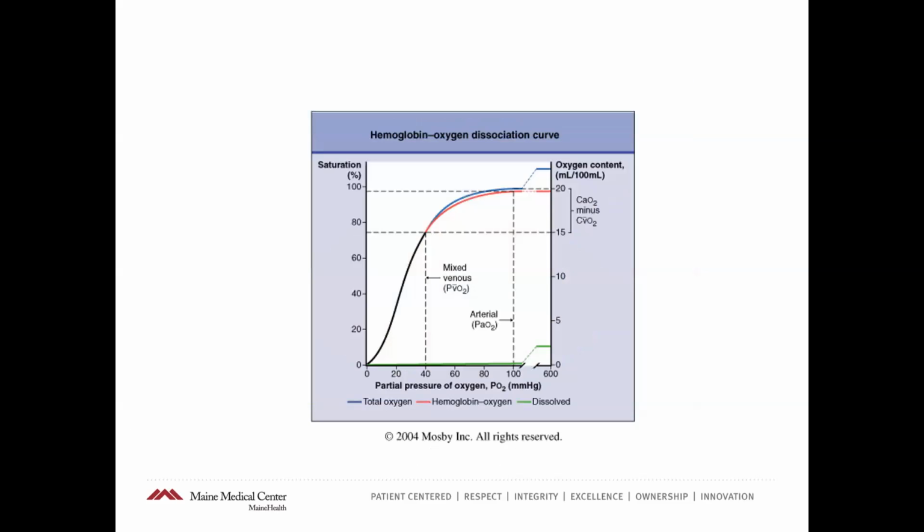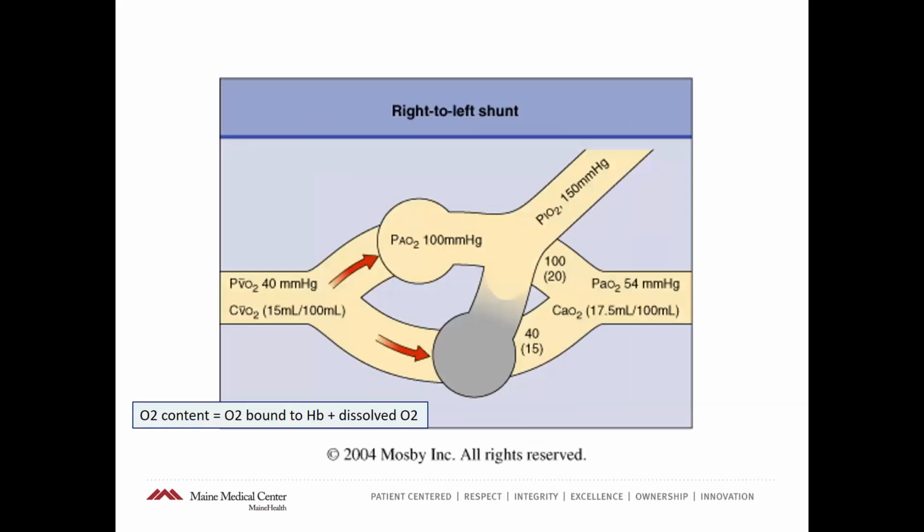So remember the oxyhemoglobin dissociation curve? For the blood coming back from the periphery, that venous oxygen at 40, the oxygen content for somebody with a hemoglobin of 15 is around 15. And that's the bad alveolus, and the good one is up here with a PO2 of 100 and an oxygen content around 20. So the blood coming out is an average of those two numbers, or an oxygen content of around 17.5, which would put it somewhere around here, which is closer to 54, which is what that shows you on that side. Does that make sense?